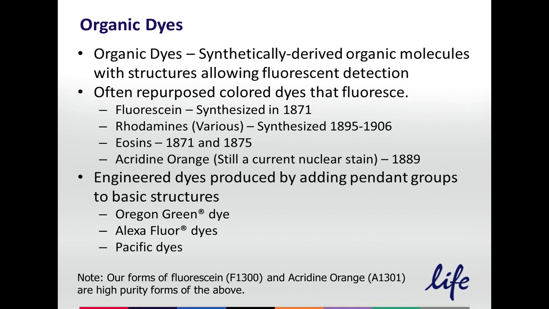He dipped his white silk handkerchief into it and wound up dyeing his handkerchief this beautiful color. That color became mauve, and within a year he had formed the very first synthetic dye manufacturing factory in England and was dyeing Victorian ladies' clothing with this mauve color, and later developed other aniline dyes that were similar in structure that were blue and green and so forth.